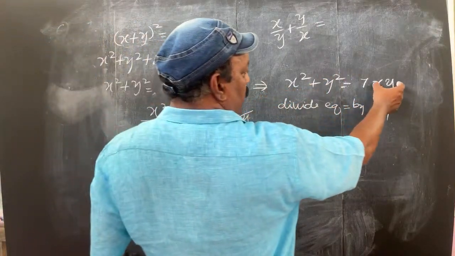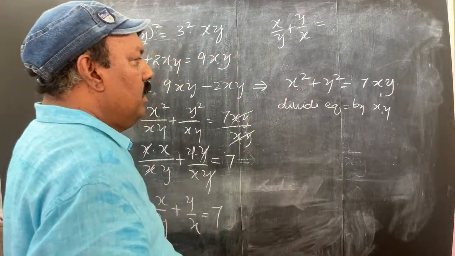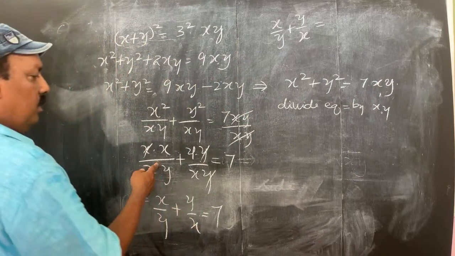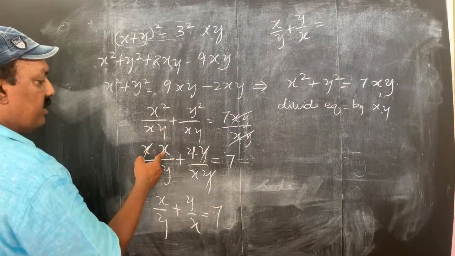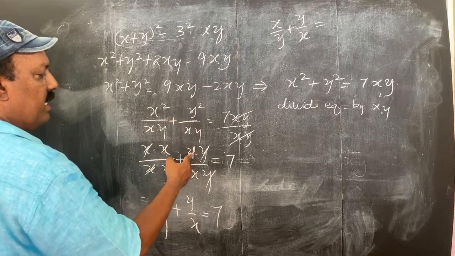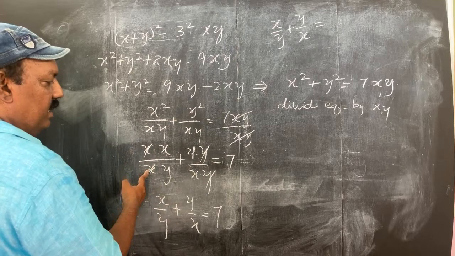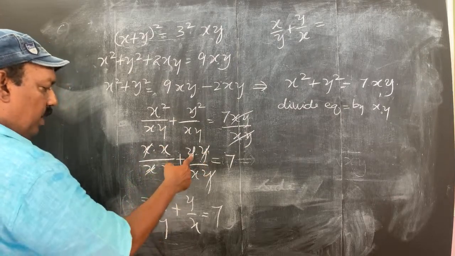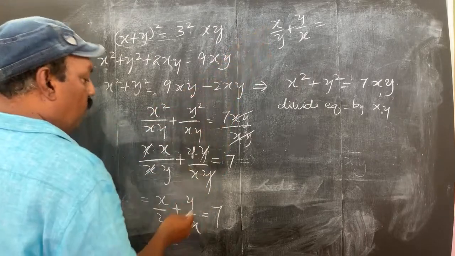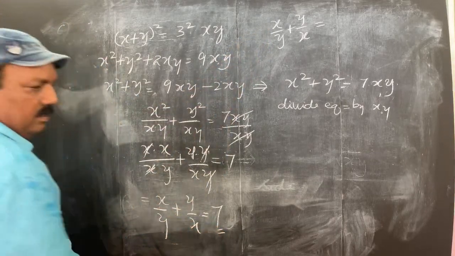Because we are dividing the same equation by xy to get a constant number, after dividing, x square I can write as x into x, y square as y into y, over xy. Here x cancelled, here y cancelled. What is left now? x by y plus y by x. Finally, the value of x by y plus y by x is nothing but 7.